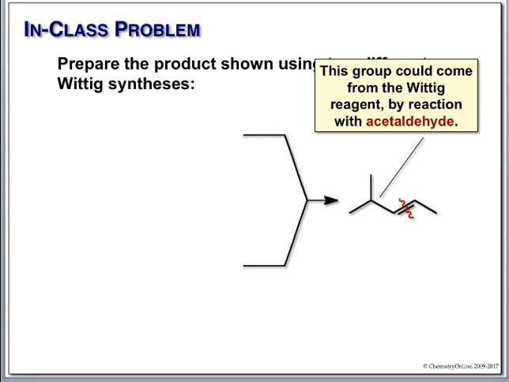Remember, our Wittig reagent is simply this attached to a triphenyl phosphonium salt. Here's this part. That's the anion, triphenyl phosphonium, and this is our aldehyde.